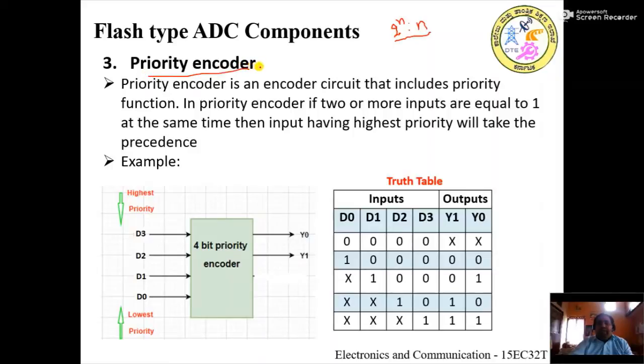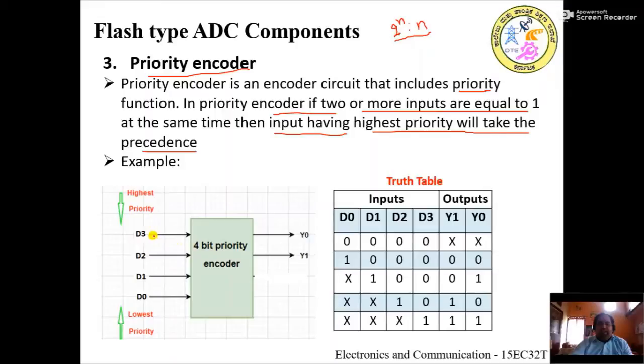So a priority encoder is an encoder which includes the priority function. In priority encoders, if 2 or more inputs are equal to 1 at the same time, then the input having the highest priority will take the precedence. As you can see in an example here, this is a 4:2 priority encoder.